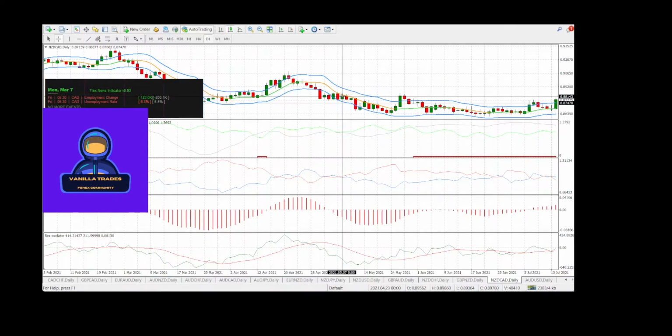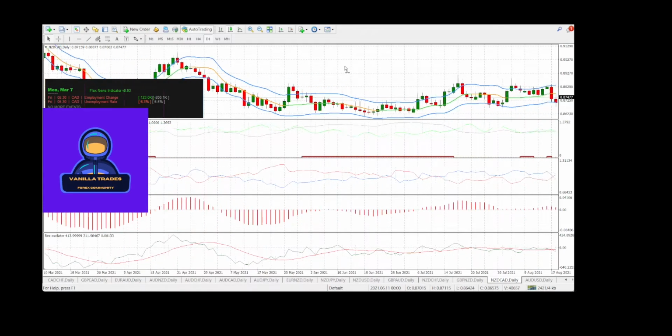Price looks like it's just outside the moving average. Again, price is just above the baseline. So this probably wouldn't have been a short trade here.